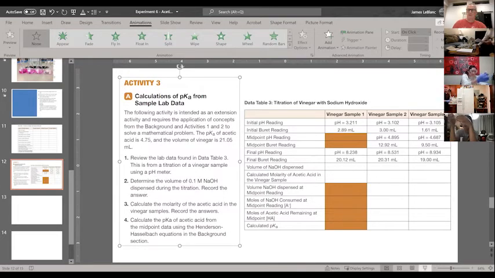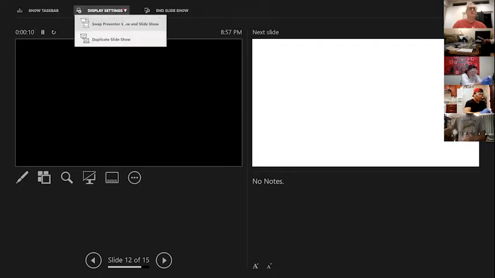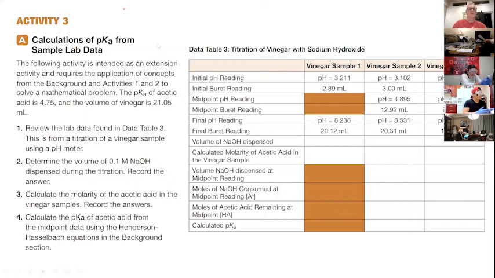Wow, this is weird. Okay, this looks like it's going to work.